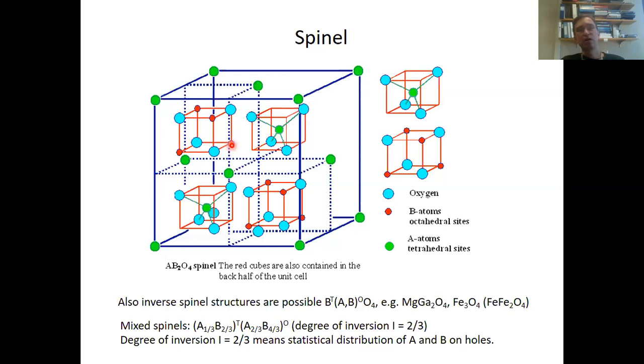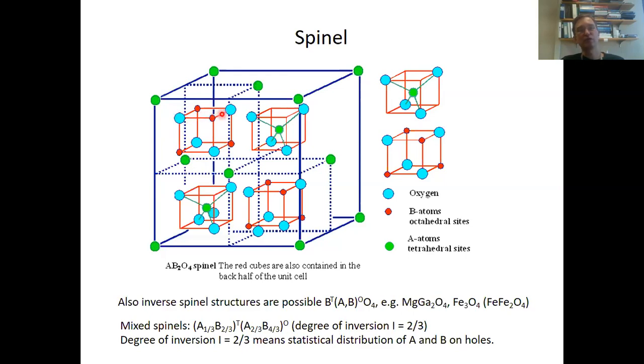So the aluminum atoms are formally in the octahedral holes. You can see this by the fact that when you add more than one of these unit cells together, then each of these aluminums will be surrounded by 6 oxygens.